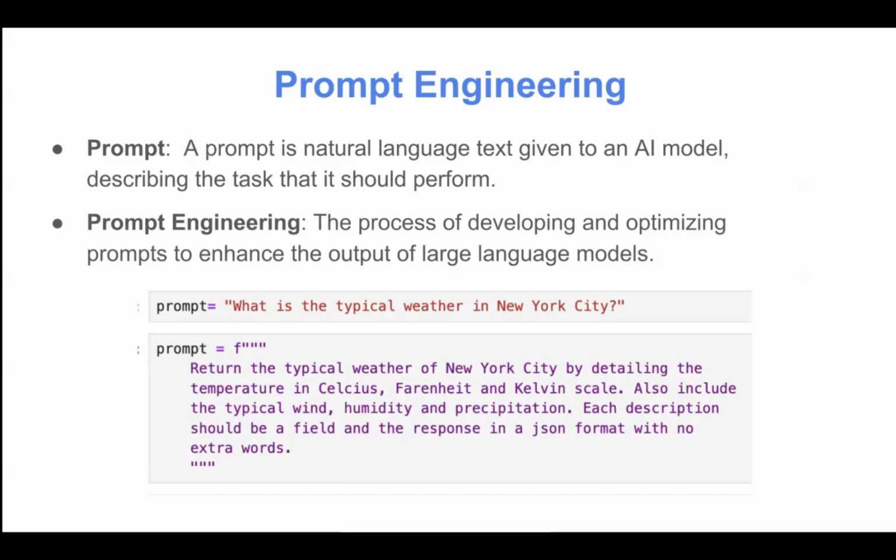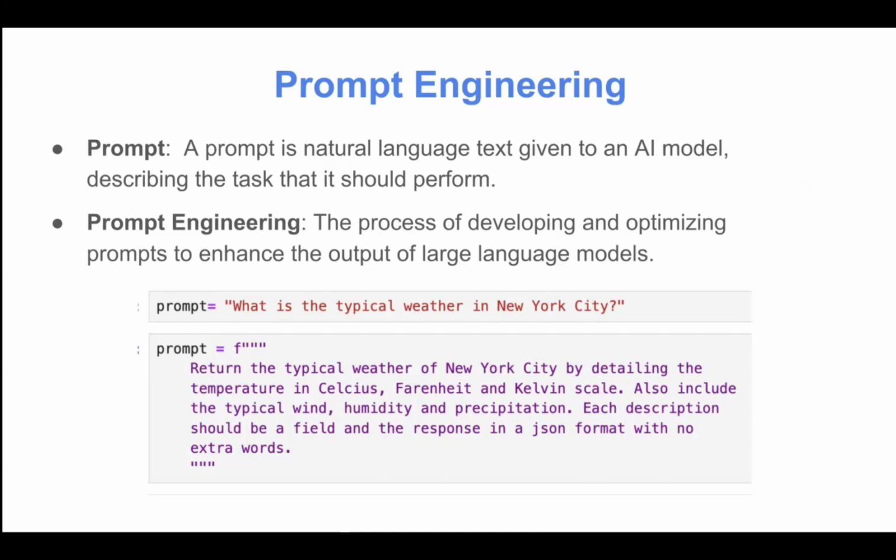Every company that develops these models puts together guides and does a lot of testing and experimentation on how to best get the performance out of their model. So just a side note. We can look at the example here and see two related but very differently phrased questions. We have, what's the typical weather in New York City?